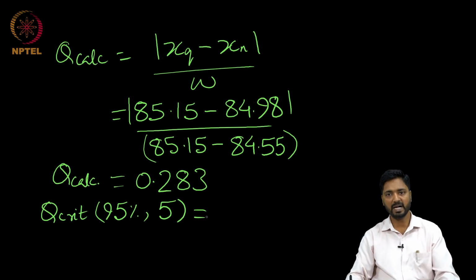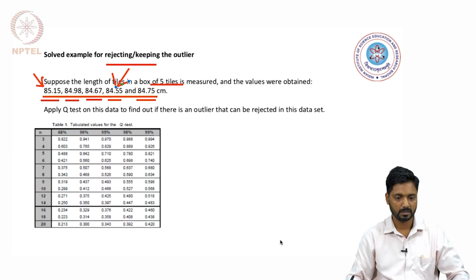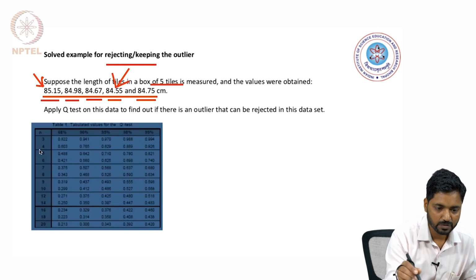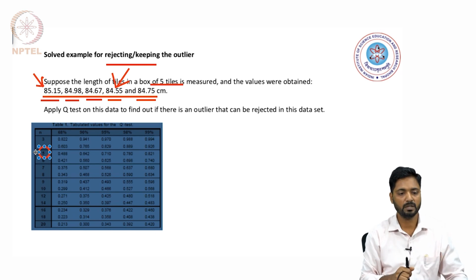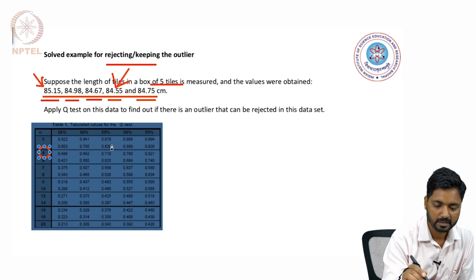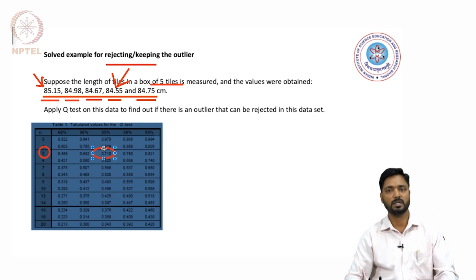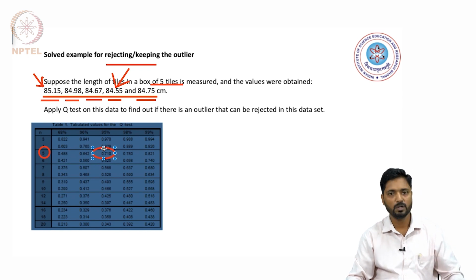Now, let us go back to the Q table and figure out what the Q critical value will be. So, n as 5 is shown here, and at 95% confidence level, the Q value for n equal to 5 is 0.71.